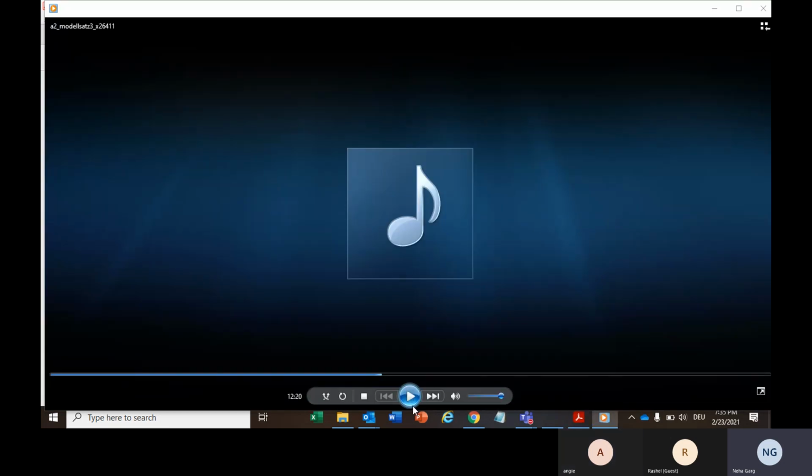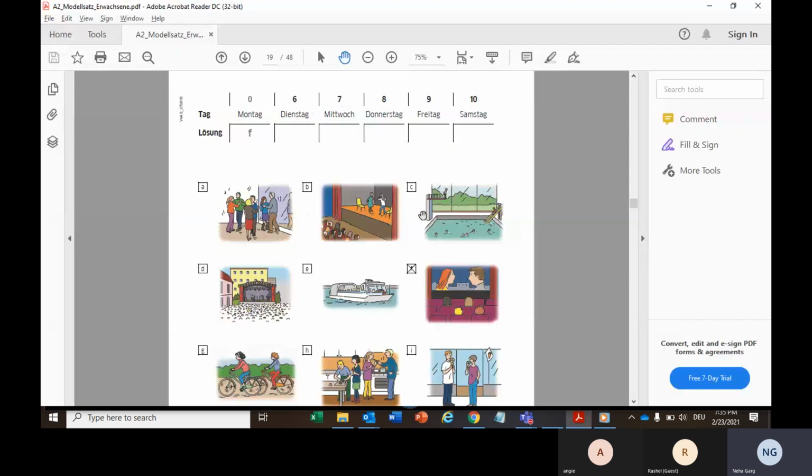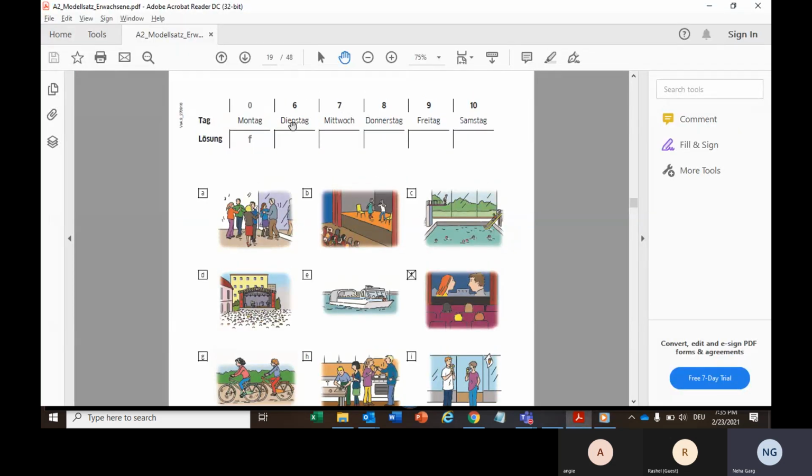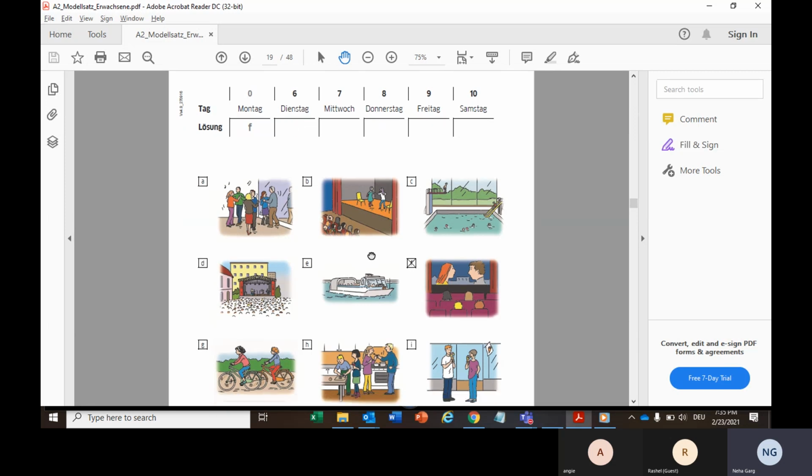That was quick and too much information was there. Okay, now let's discuss what they are doing on Dienstag. Just give me the answers like A, B, C und so weiter. Also for 6, what is the correct answer?